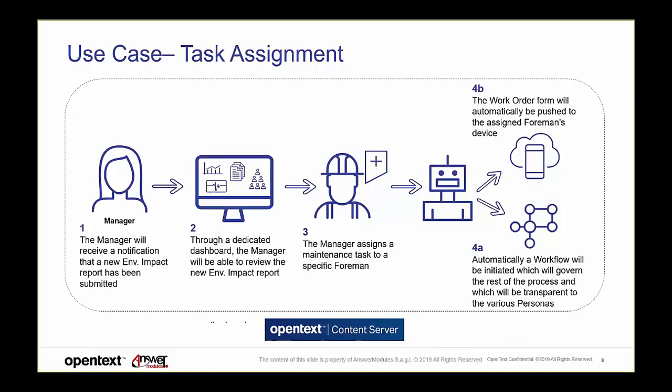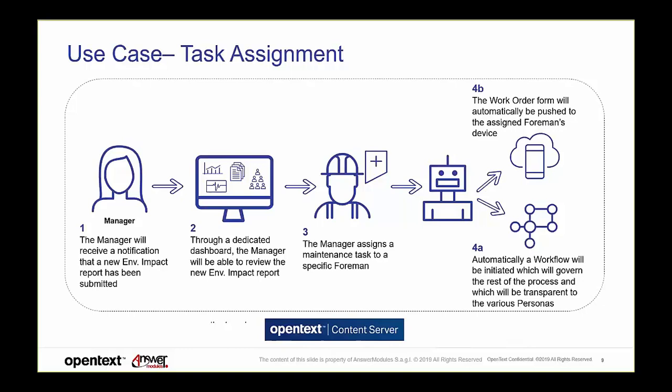Once the maintenance task has been assigned to the foreman, the automations that are happening is that the relevant work order form, so the work order mobile web form, is being automatically pushed to the foreman's device. And in parallel, we're starting a new workflow.